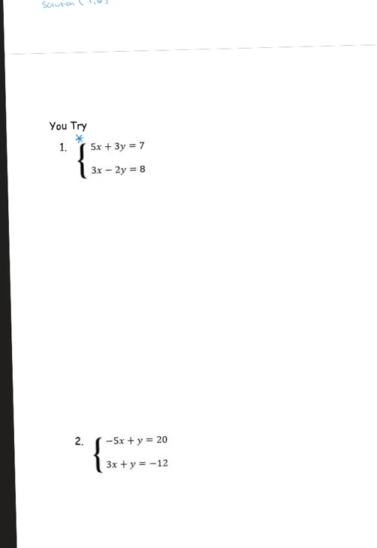Just for the purpose of this set of notes, we've solved for x or eliminated our variable x in the last couple examples. So here I'm going to eliminate my variable y. Looking here at my positive 3y and my negative 2y, using multiplication, I have to multiply these numbers in order to make the coefficients the same. I have 3y and I have 2y.